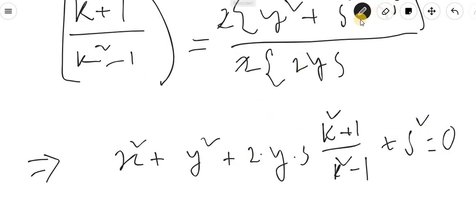Sorry, it will be minus. Okay, x square plus y square.